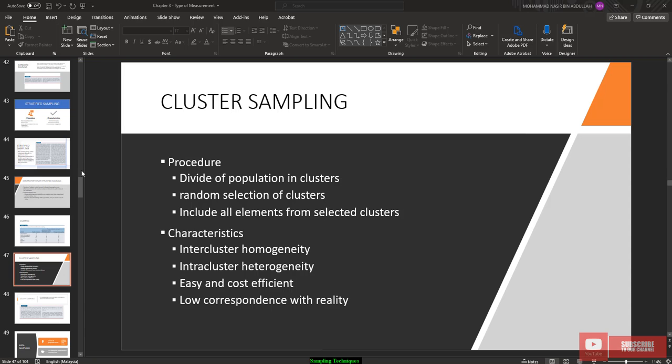And the last sampling technique that we're going to discuss under probability sampling is cluster sampling. Cluster sampling follows the same procedure as stratified sampling, but it's only applied to a large population, right? The procedure is we divide the population into clusters, meaning groups, and randomly select the clusters and include all elements from the cluster.